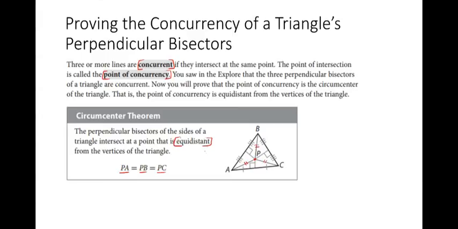And that's what the theorem is saying: if the perpendicular bisectors of the sides of a triangle intersect at a point, that point is equidistant from the vertices of the triangle. You're going to have three lines that are all equal to each other. That's the idea.